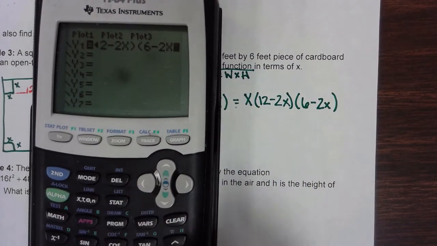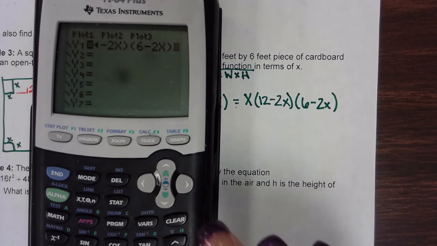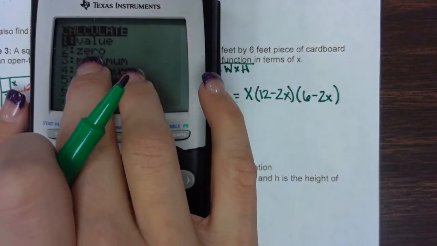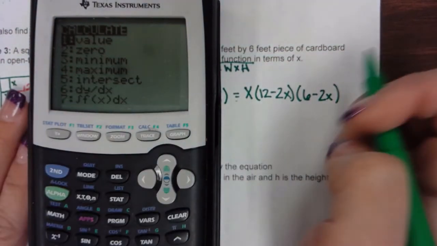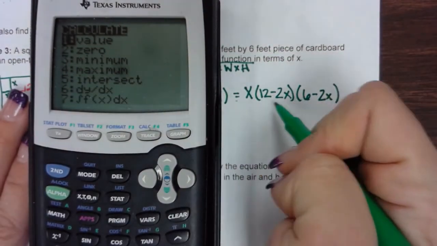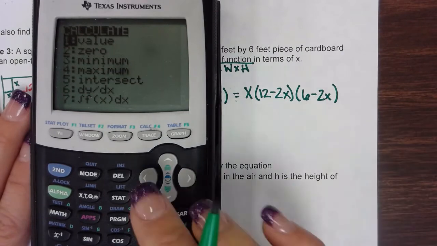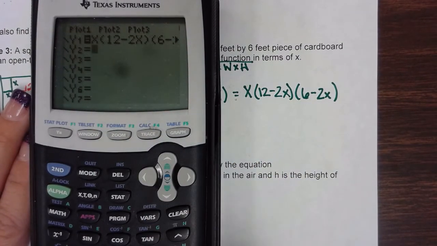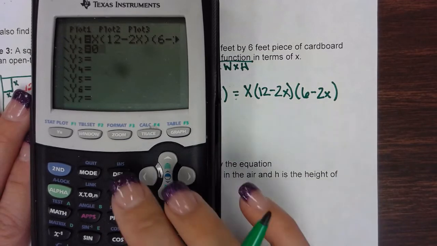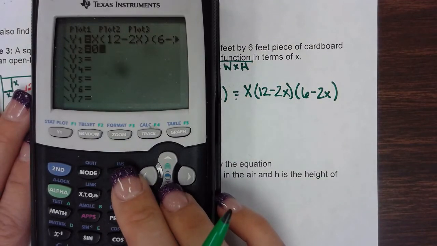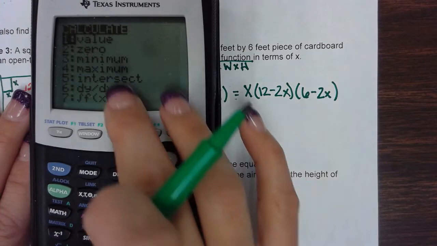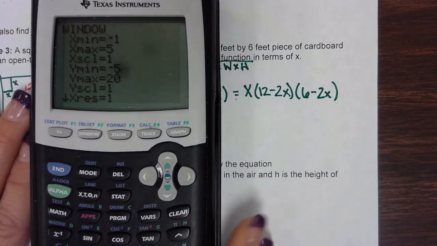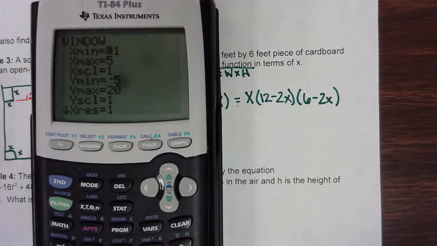Oops, x. Now there are also two ways we can do this. We can go do second trace and go to our zeros, because we're going to say where this equals 0, because it can't be a negative number. Or we can put 0 as our second function and find where they intersect. Second trace, intersect.